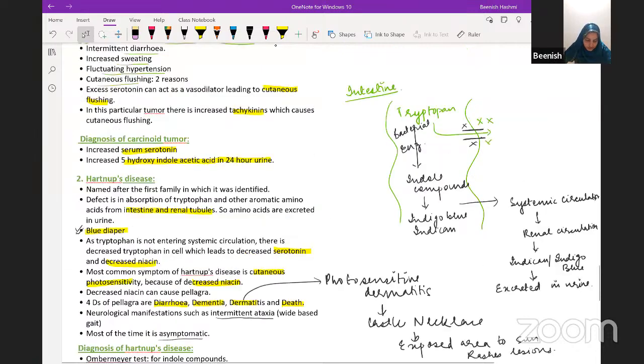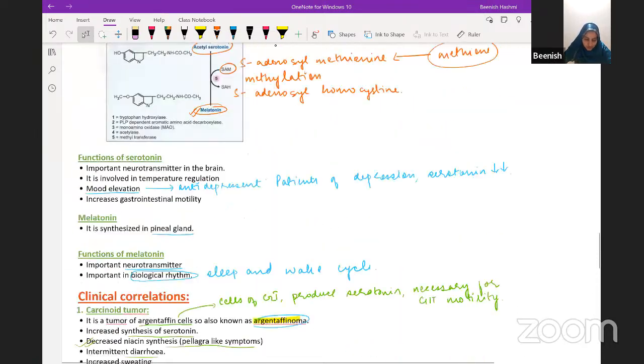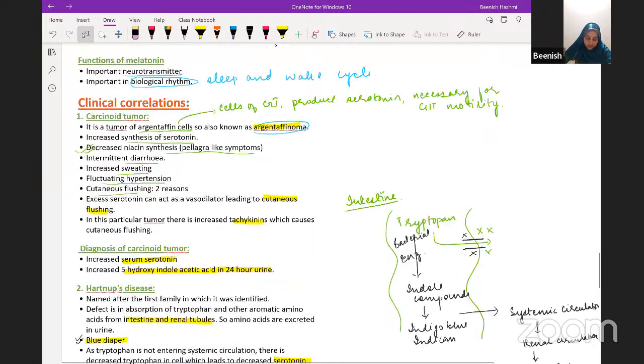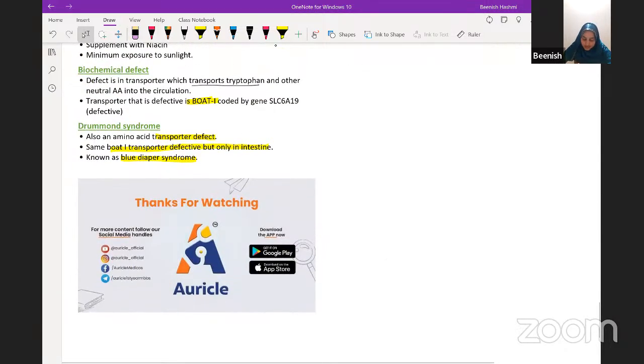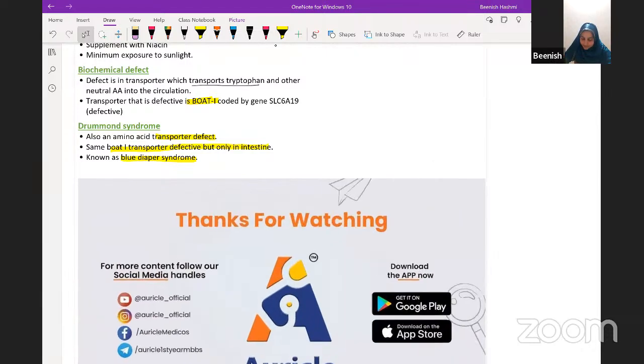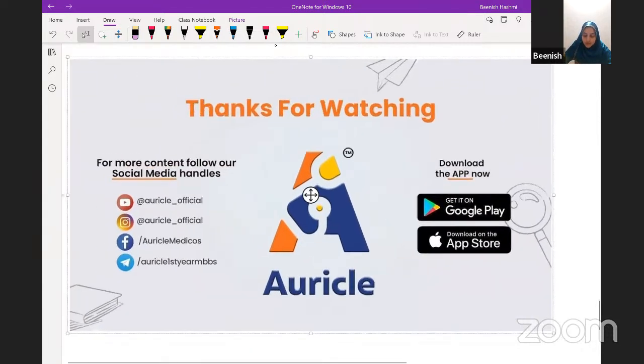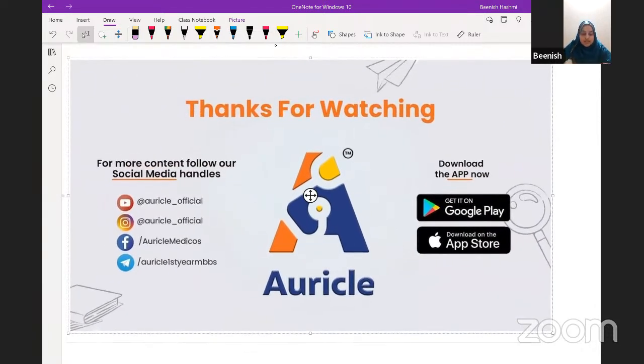Today we've covered Hartnup disease, Menkes disease, tryptophan metabolism, its catabolic and anabolic role, glycine and serine. All of them are very important, especially the glycine cleavage system, which is most frequently asked, and the clinical correlations to Hartnup disease and blue diaper syndrome. If you have any queries, you can send them.